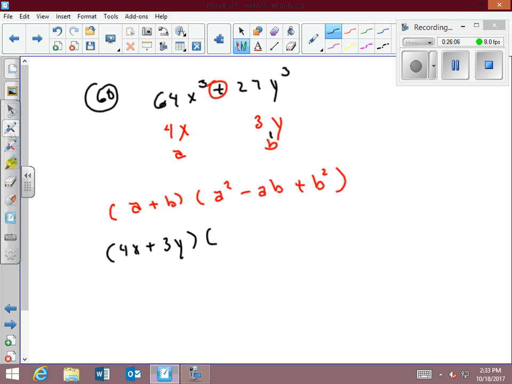A squared is going to be 4 squared x squared, right? So that's 16x squared. How are you going to write the product of this one and this one? 4 times 3 is 12xy, aren't you?